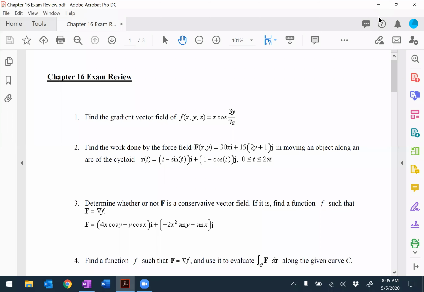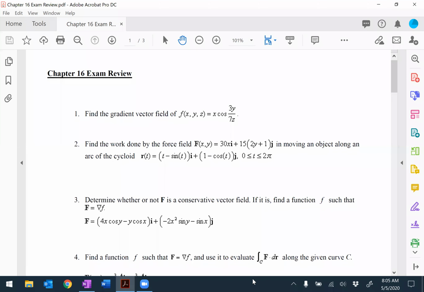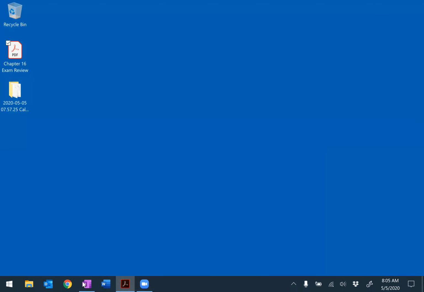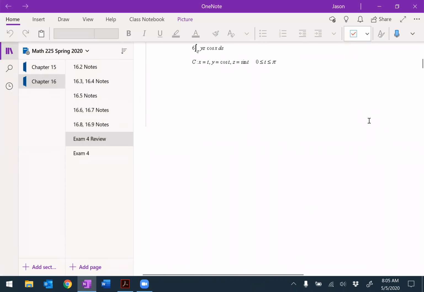Okay, so first one is find the gradient of the vector field f of x, y, z is equal to x cosine 3y over 7z. Okay, let's see what we got here.